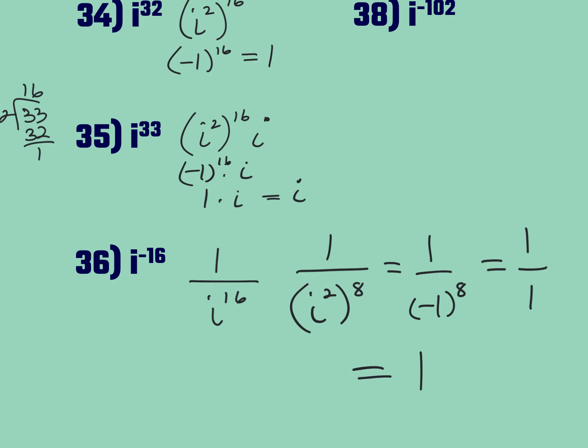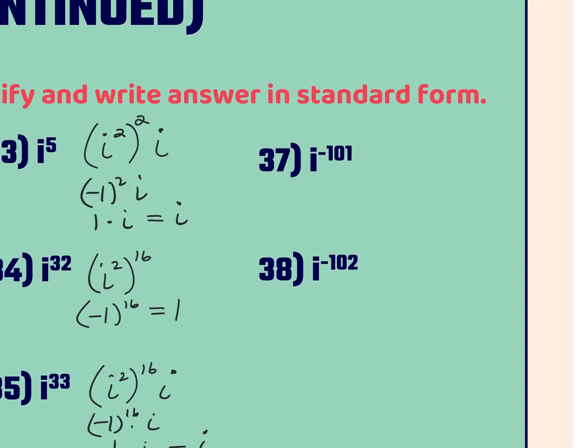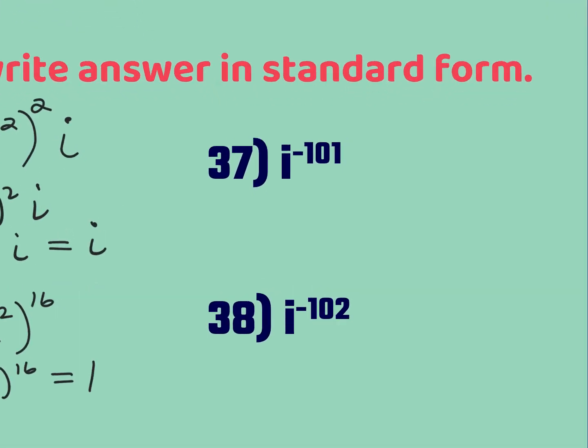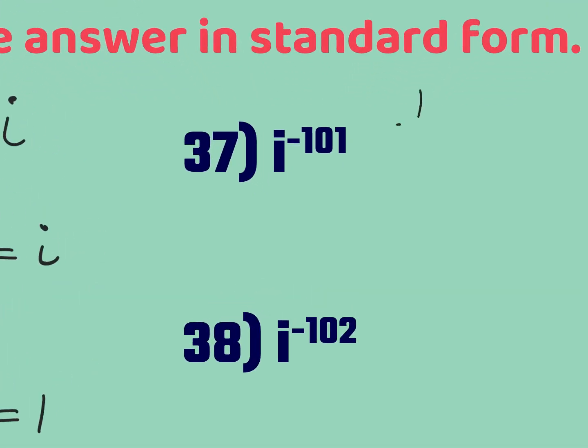Let's try 2 more. Again, negative powers, we got to put them underneath a 1. i to the 101 power. Take 101, divide it by 2. It goes in here 51 times with 1 left over.